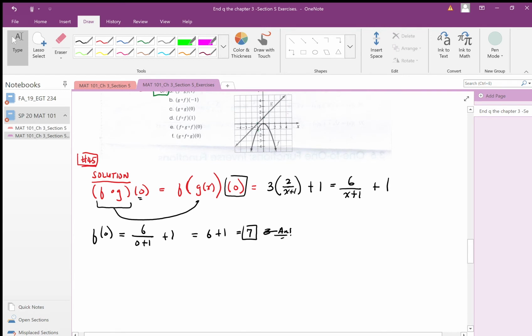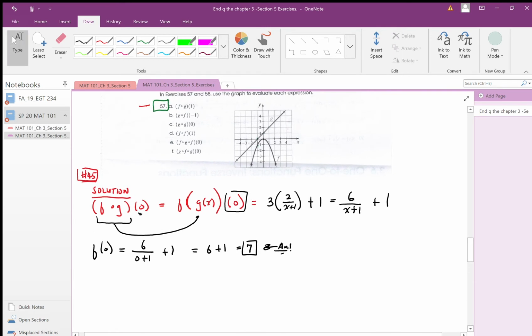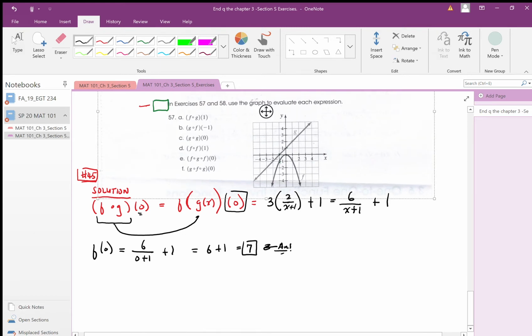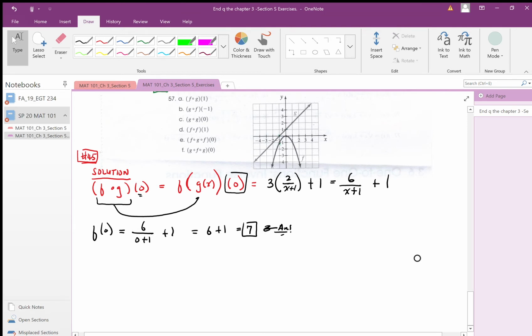Okay, let's look at number 57. So we have to look at this graph to help us find these various values. Okay, so for number 57, I'm looking at the composition of f and g of 1.